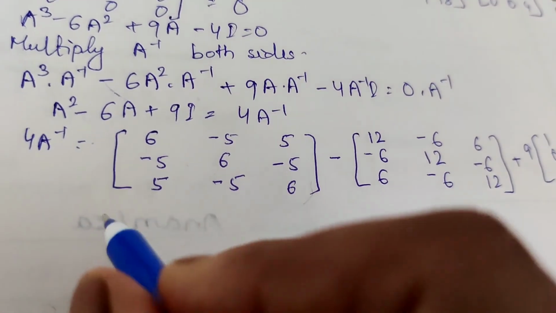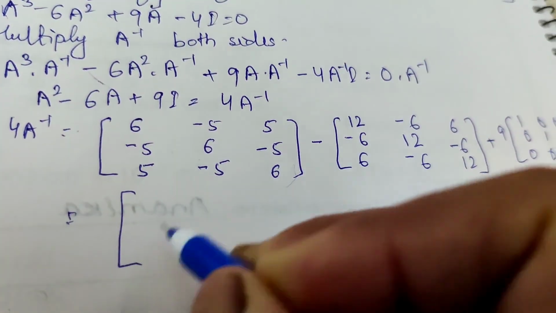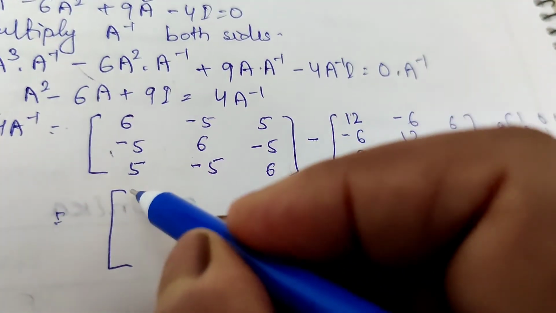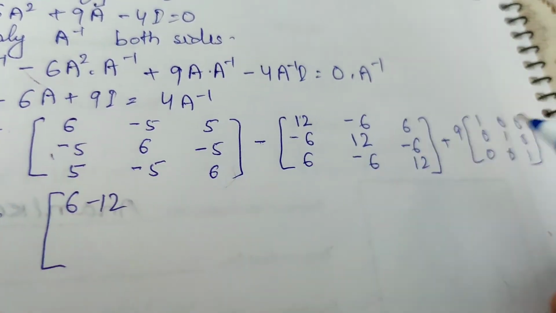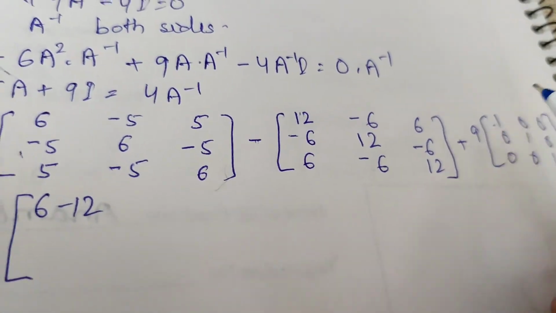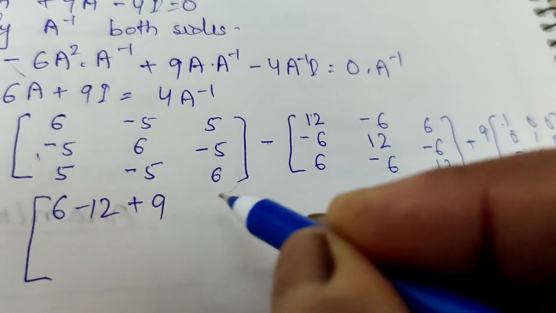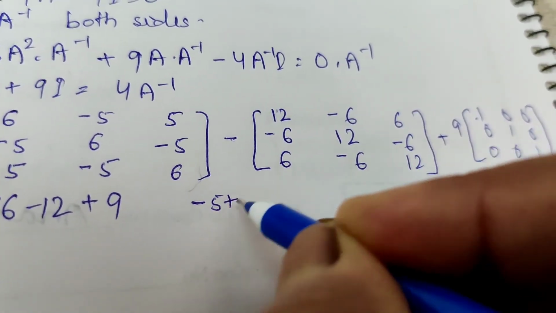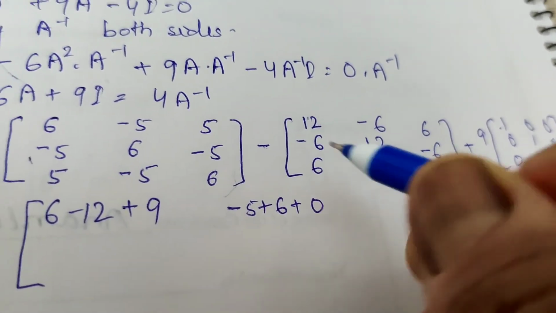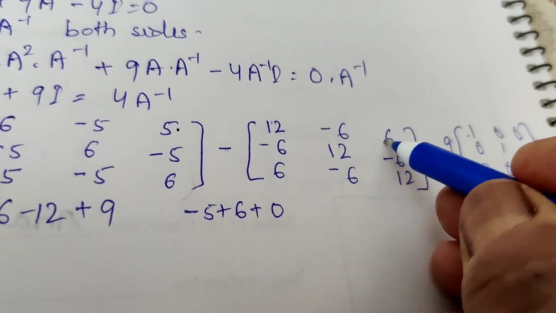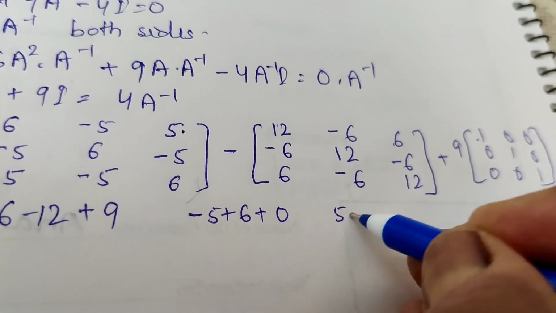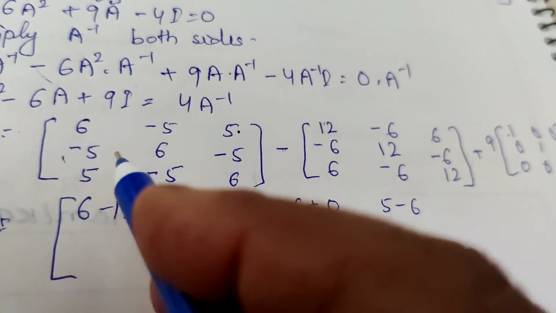Now compile the elements. 6 minus 12 plus 9. Second, minus 5 plus 6, 0. 5 minus 6, it is 0.